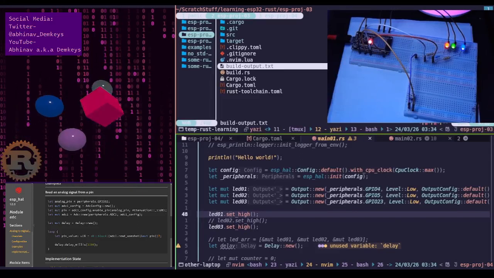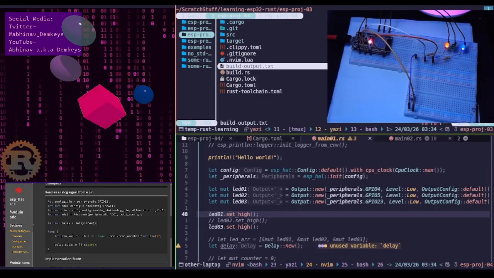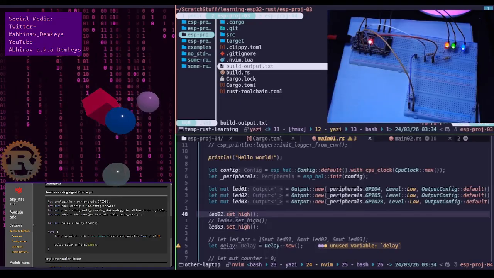To configure GPIO4 as an ADC pin, the ADC will convert that 0 volt to 3.3 volt range into a number which is usually 0 to 4095 for a 12-bit ADC.